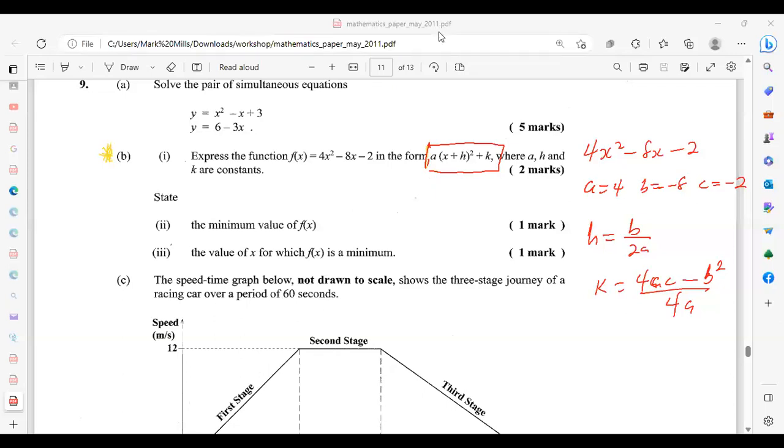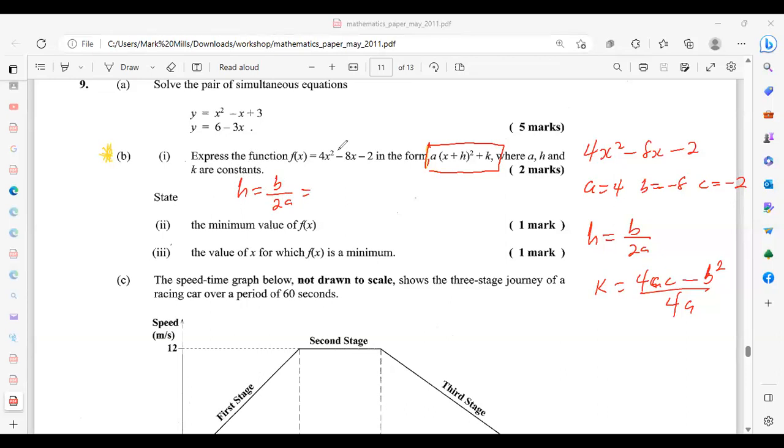So what I'm going to do here, right? Let's find h first. If h is equal to negative b over 2a, what is my b value?